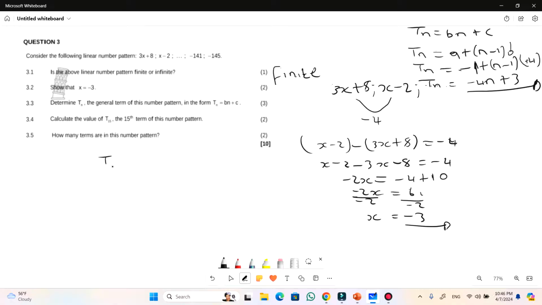In the value of n, you just put 15, so it's negative 4 into 15, which is negative 60, plus 3, then your T15 is negative 57.